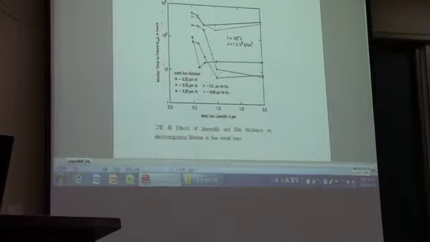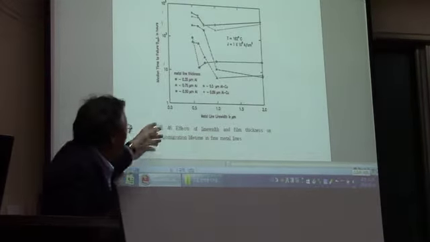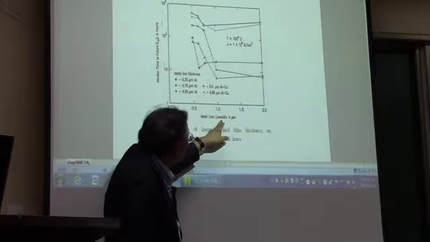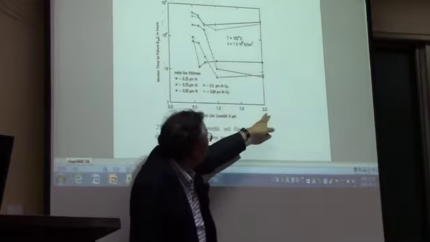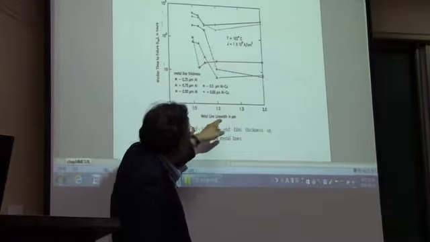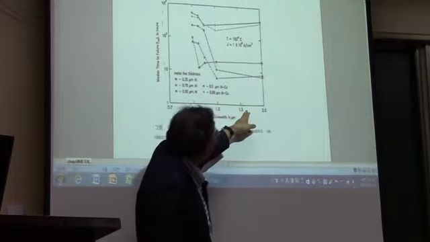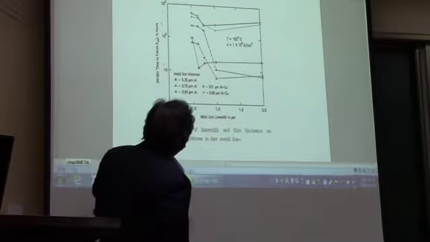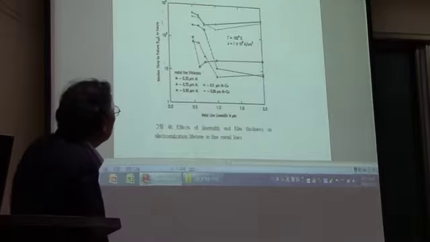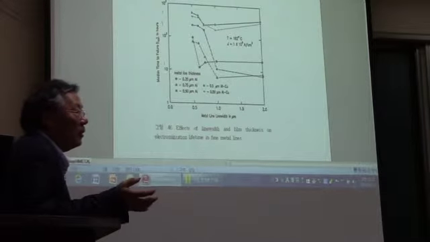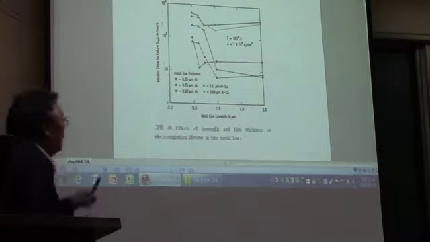Now let's see the effects of line width. That is a very interesting thing. You decrease the metal lines from 2 microns, 1.5, 1.0, and 0.5. And as you can see, as you decrease the metal lines, this is the median time to failure, which means how easily electron migration can happen.